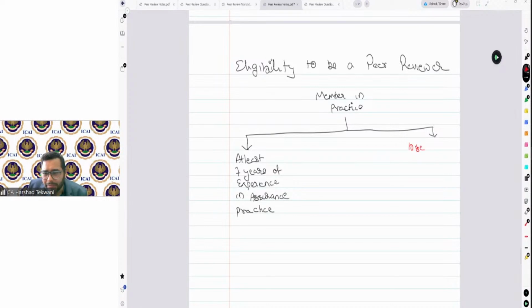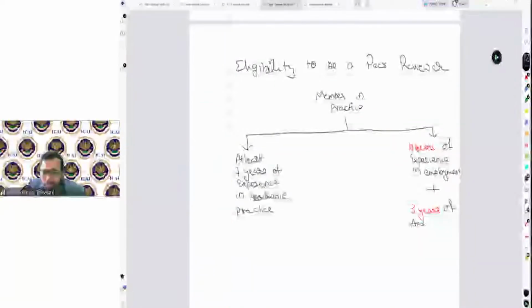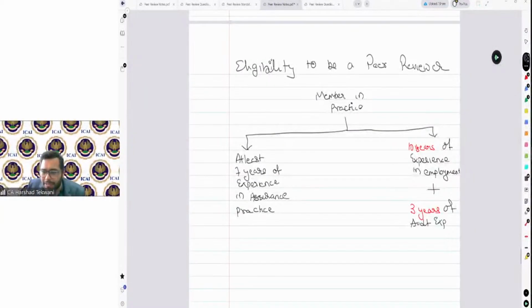10 years, plus audit experience in practice, and that should be at the time of enrollment and appointment of peer reviewer. He should satisfy these conditions.